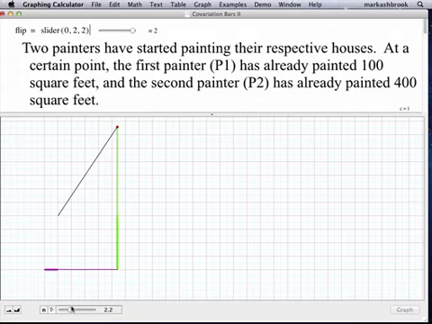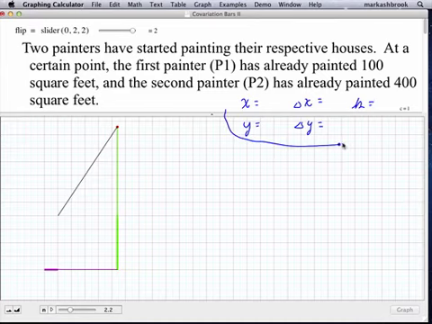So you're using step-by-step reasoning to figure that out, rather than, oh, I think I remember how to solve for B. Can you do it using things like values of x, values of y, delta x, delta y? Reasoning about these quantities, can you figure out how much painter 2 had painted when painter 1 started? Work with your partner. Go.